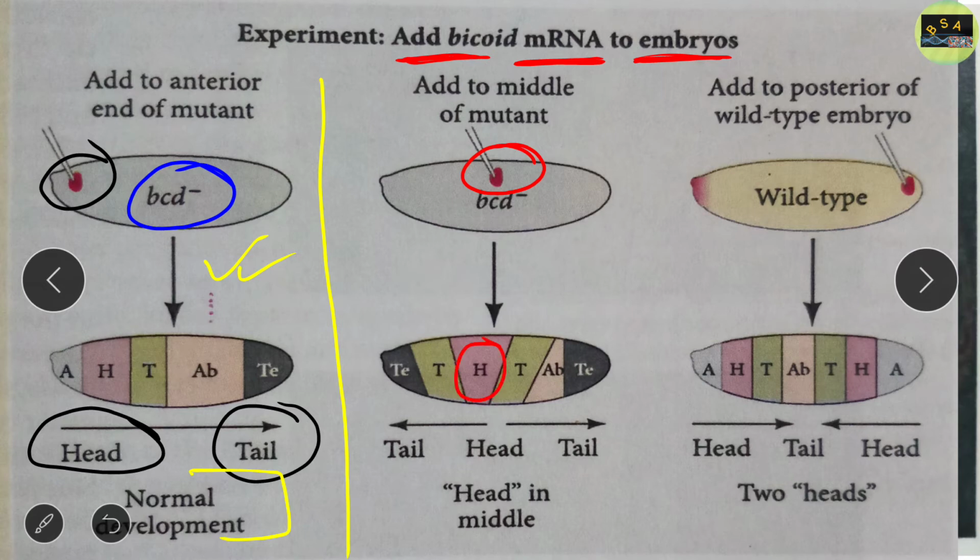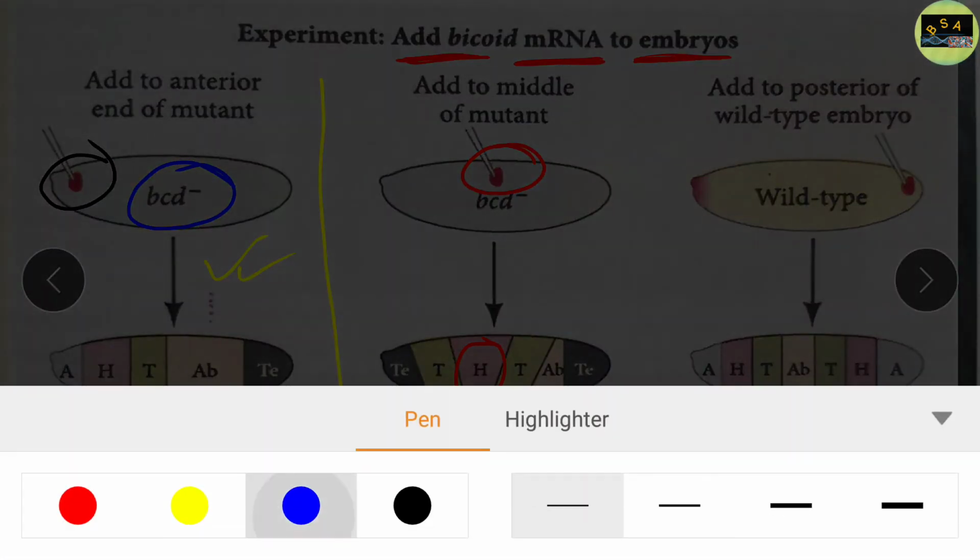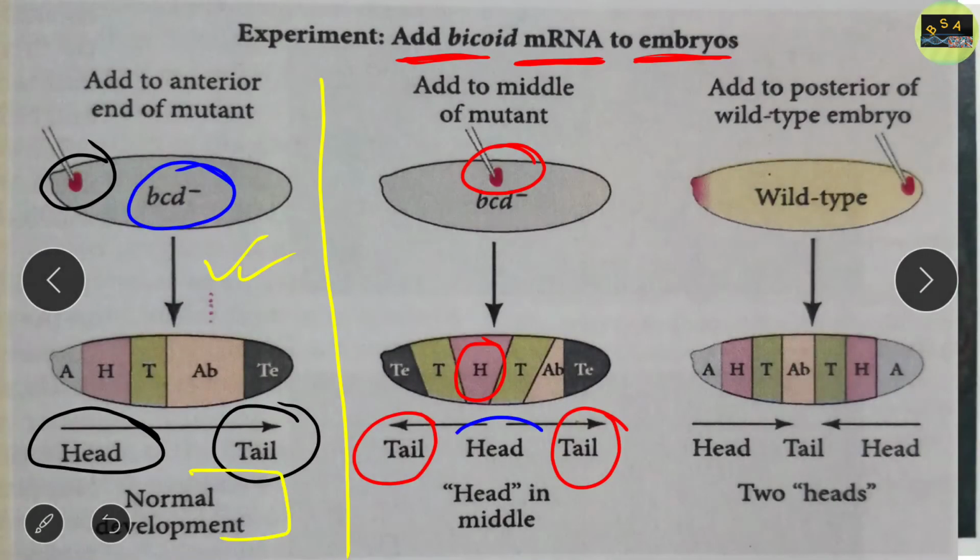So the development looks like this: tail at the anterior part, tail at the posterior part, and head will generate at the middle due to the injection of the bicoid mRNA at the middle part. So wherever we inject bicoid mRNA, it will form the head. Clear? So in this case head is formed in the middle.